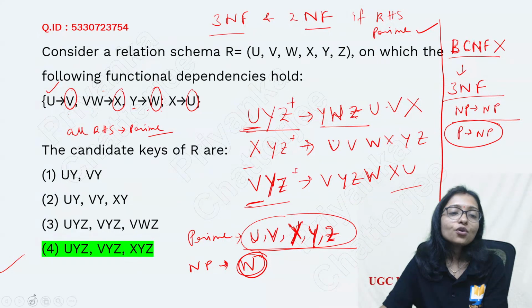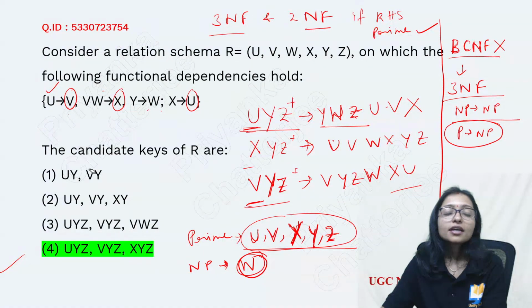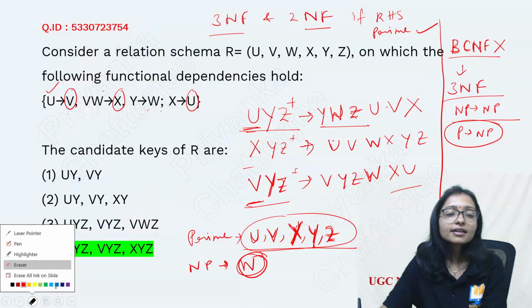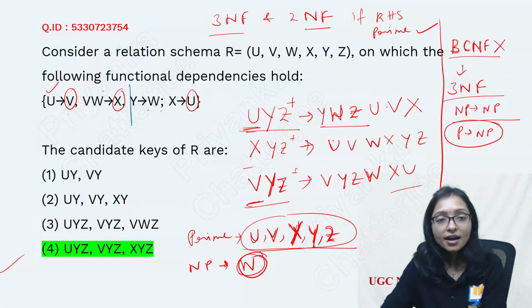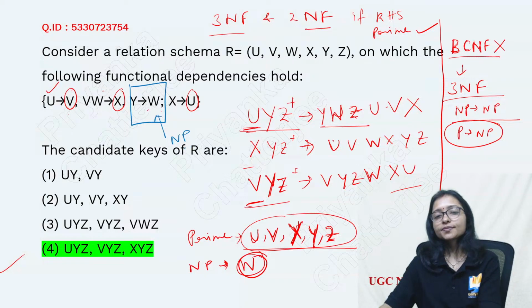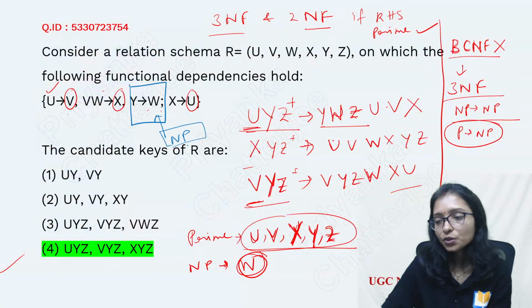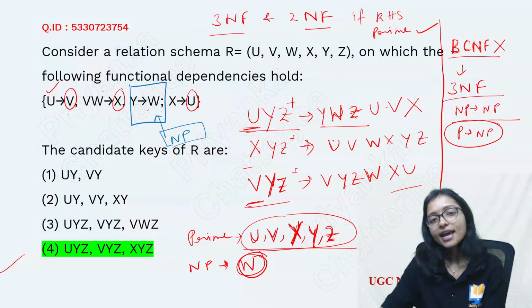Yes, you are telling correct here. I was trying to see whether you are doing it or not. Here is the problem: this W is a non-prime attribute, right? Yes.